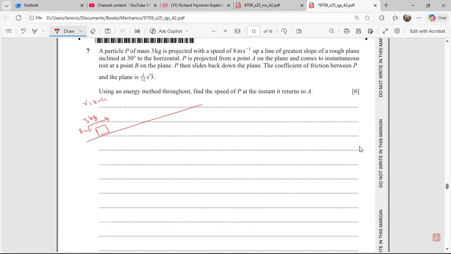But now due to the friction, its speed is going to be less, and whatever the new speed is, that we need to find out. So at this point, what was its kinetic energy? It was half mv square, so half, and m is 3 kilogram, and v is 8 square. This was its energy.